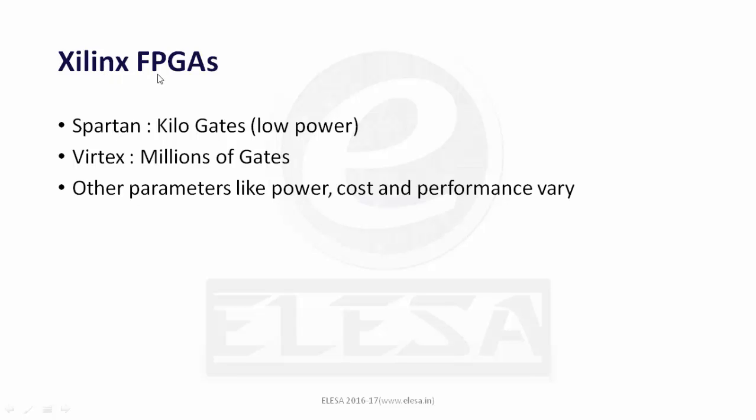The first is that the Spartan kits have gates in terms of kilo, while Virtex has gates in millions. So Virtex has more gates, but Spartan works on low power, and speed concerns are also there. You can search about the particular kit in the Spartan and the Virtex version, and you will come to know about the difference more easily.